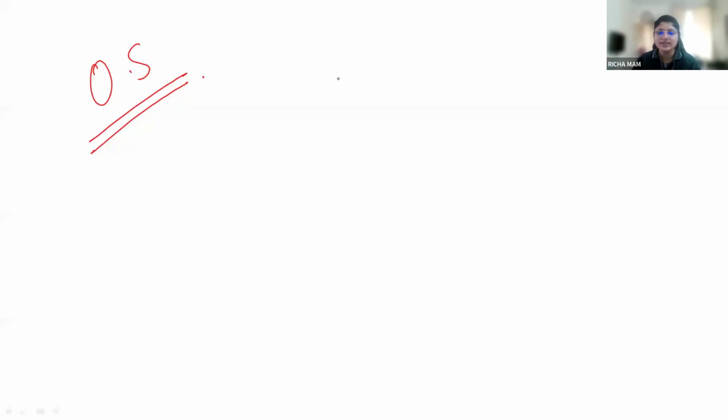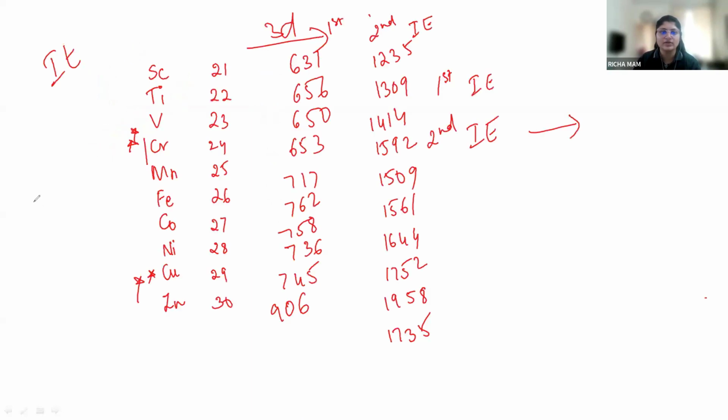Next is oxidation state. So what are the general oxidation states? Scandium, titanium, vanadium, chromium, manganese.